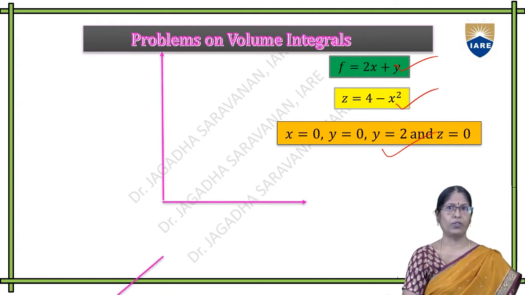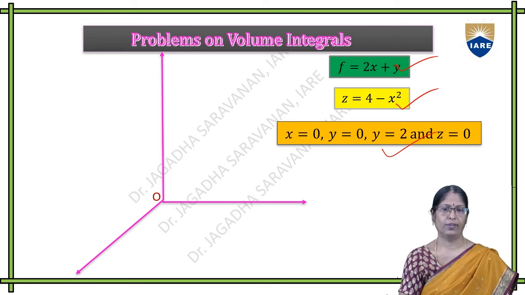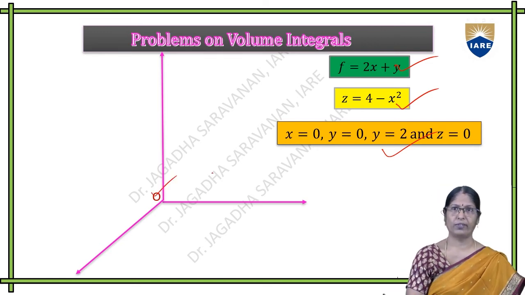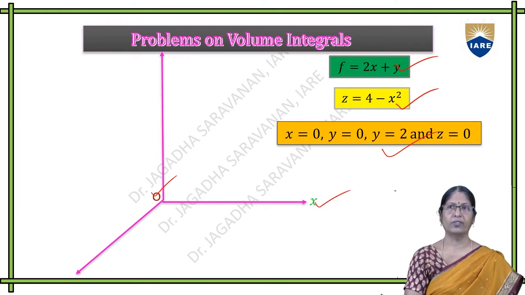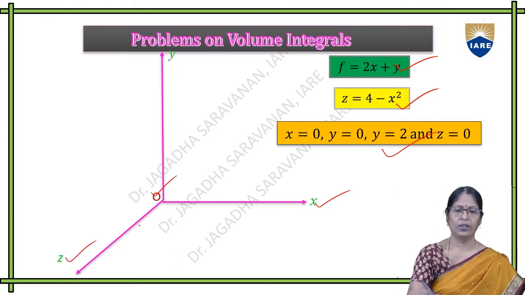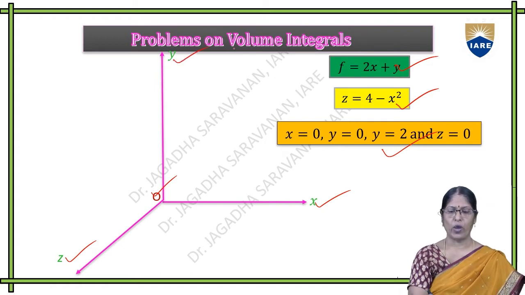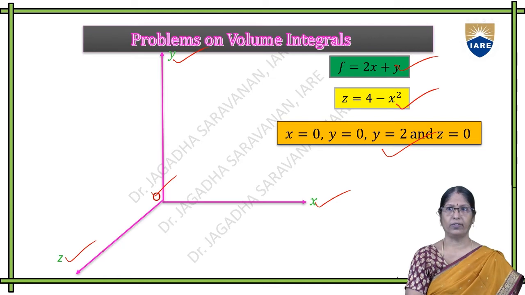Next, we will draw the diagram. So we can see these 3 dimensions. We can name the origin as O. Here x is there, here z is there, here y is there. So x-axis, z-axis and y-axis.